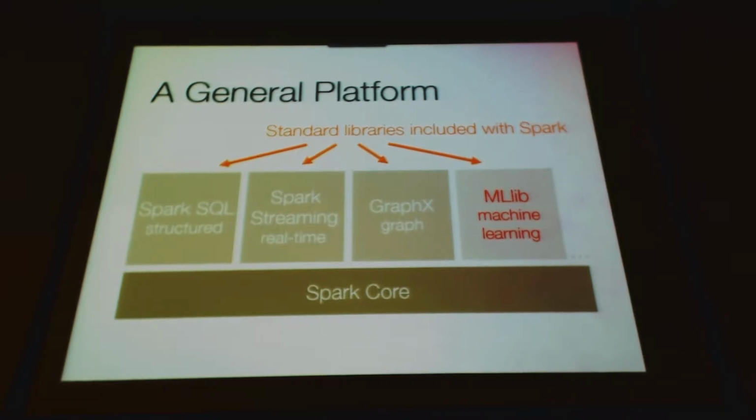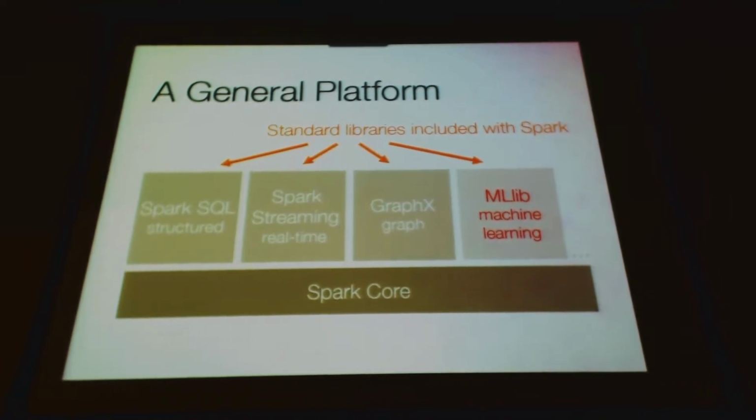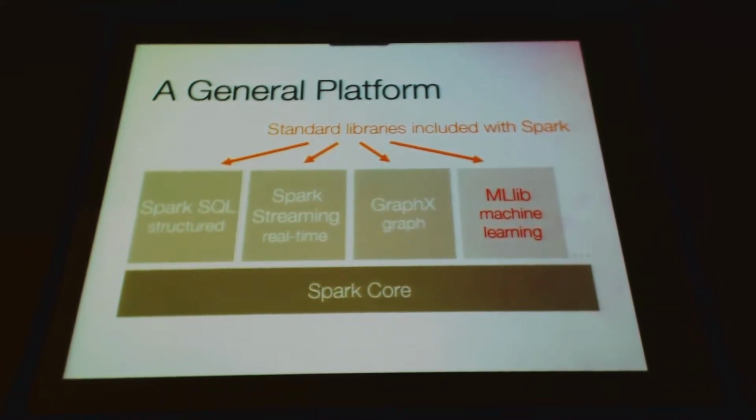SQL on top of Spark lets you run SQL queries on your distributed data sets in a cluster. Spark Streaming will let you do micro-batch. If you have a stream of, say, tweets or whatever information, a ticker that is coming in, and you need to perform micro-batch operations on it every, say, half a second or so, that's what Spark Streaming makes easy for you.